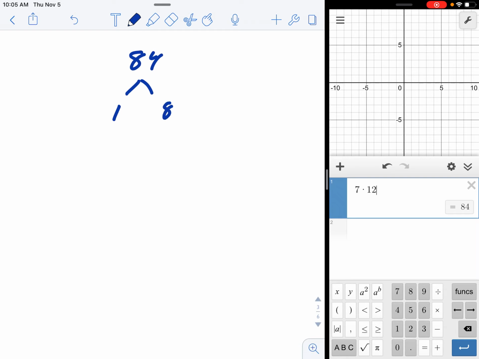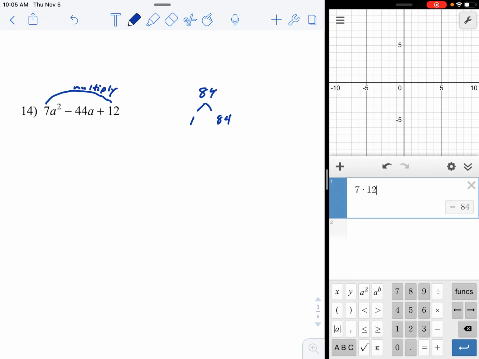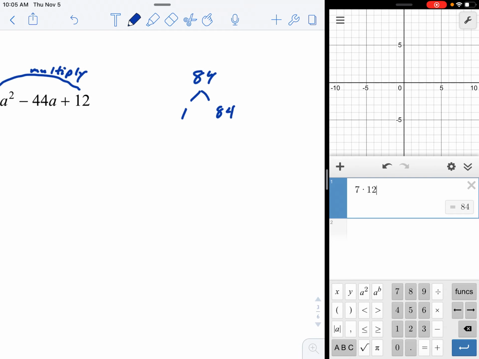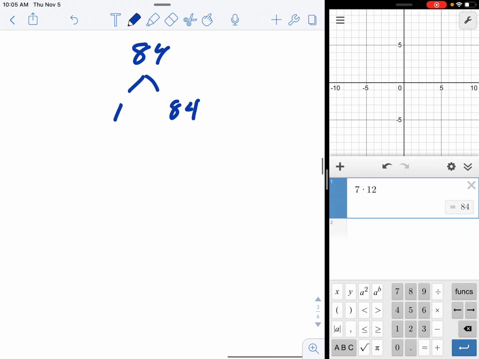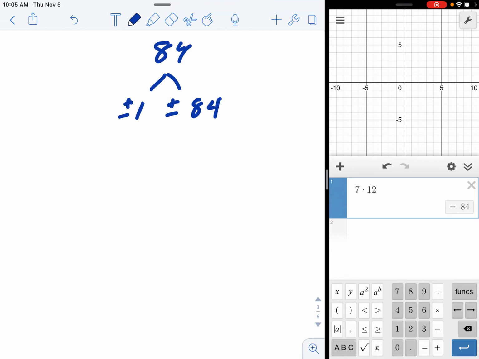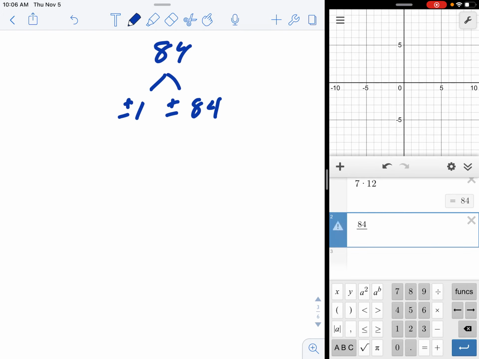I mean, obviously 1 and 84, right? There's the whole issue with signs. I'm just going to throw down a plus minus, plus minus. Let's see. 84 is an even number, so I can divide it by 2. 84 divided by 2 is 42.